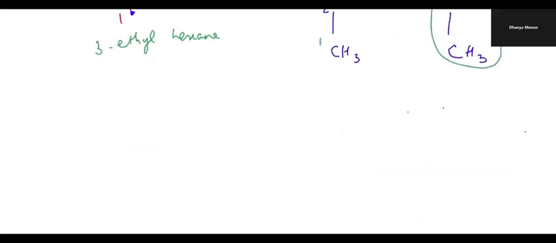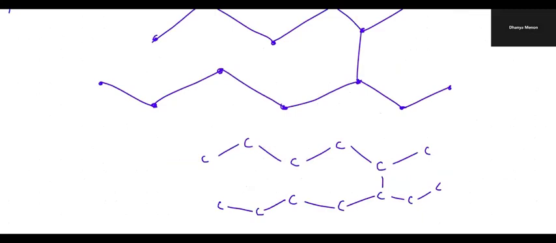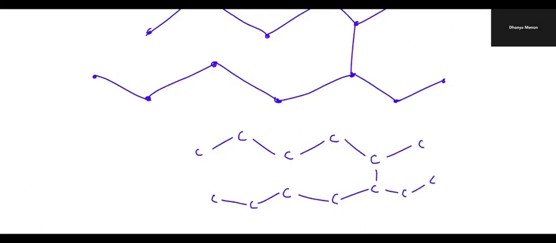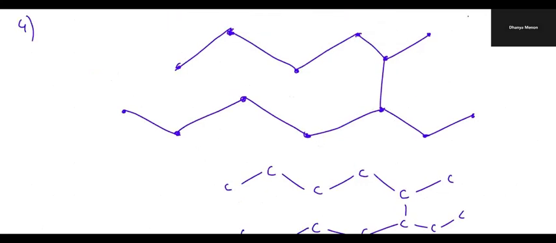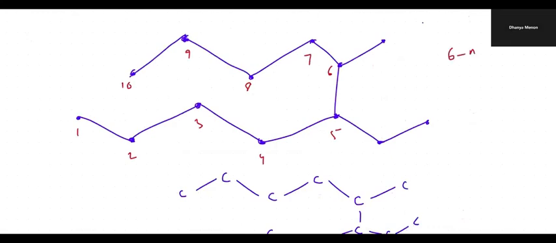Next question. Write it in terms of carbon. This is how the skeleton looks. And here, if I number it, 1, 2, 3, 4, 5, 6, 7, 8, 9, and 10. Right? So over here, at the 6th position, there is a methyl group, and at the 5th position, there is an ethyl group.